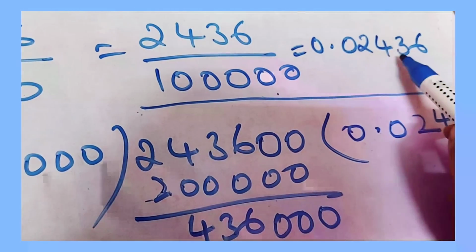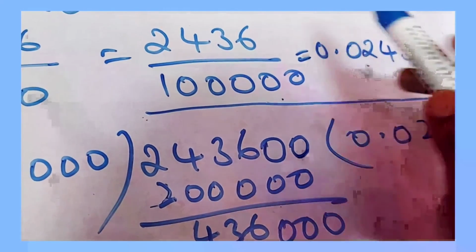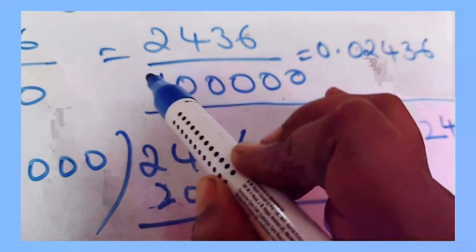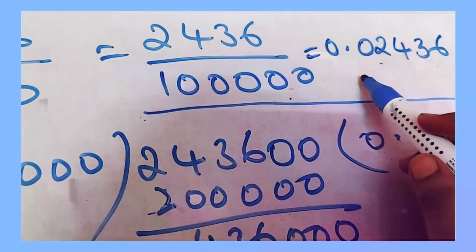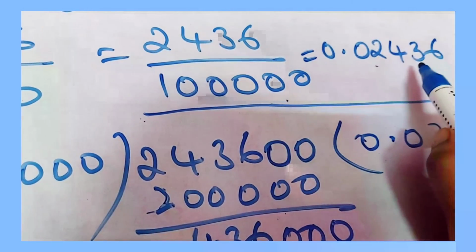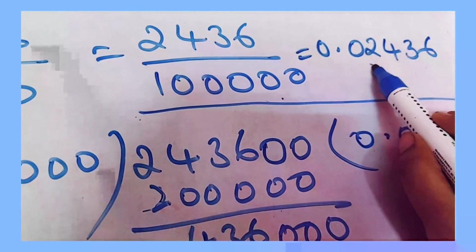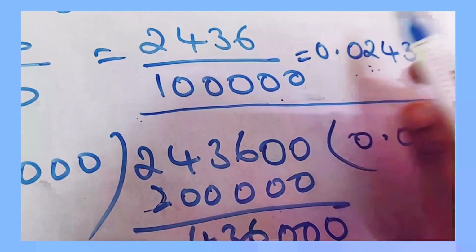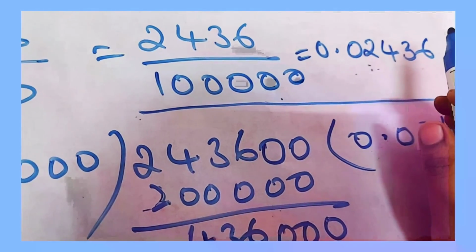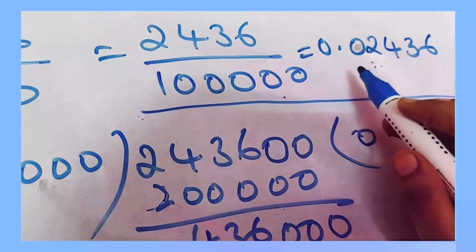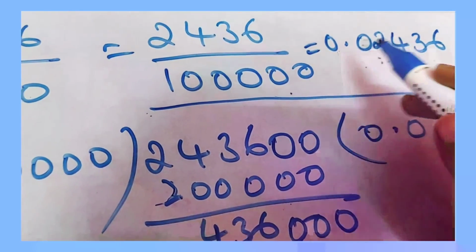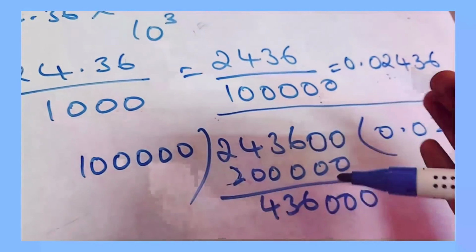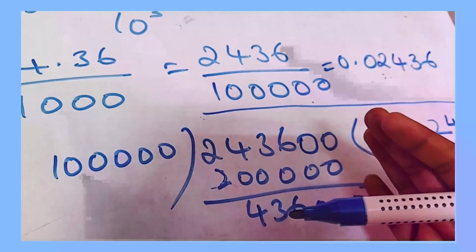Then ones, tens, hundreds, it is 1000 only, but in the denominator ones, tens, hundreds, thousands, 10,000s, lakh is given. So what you do here, you take 2436, you take two more zeros and you write 0 point here. Okay, this is the easiest way of doing this. If you do this division, it will become very lengthy process. Now you can try this method also.